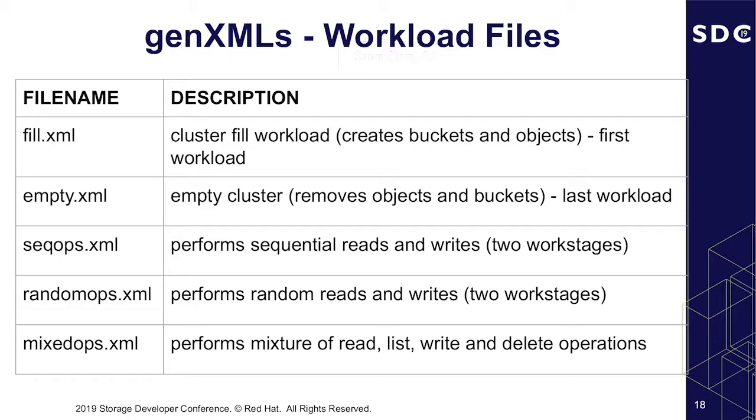But the workload that we use most frequently is called mixed ops, which performs this predefined mixture of operations that I mentioned before, all simultaneously. And then finally, there's an empty cluster that you typically run as the last workload.